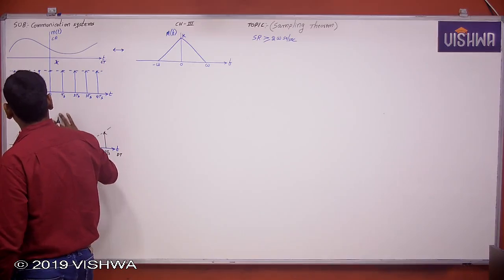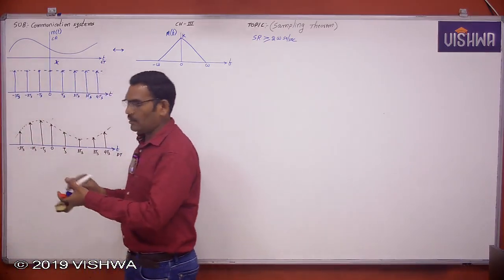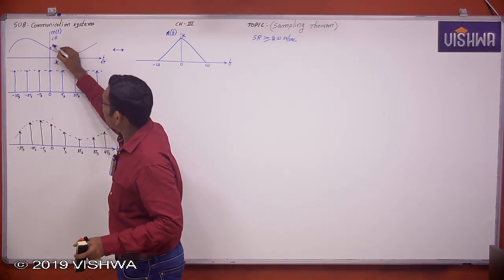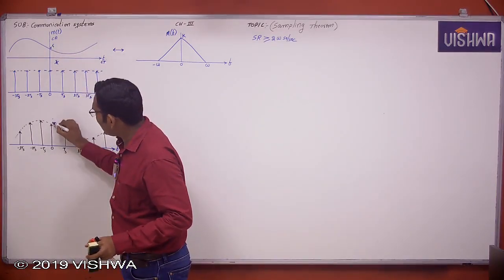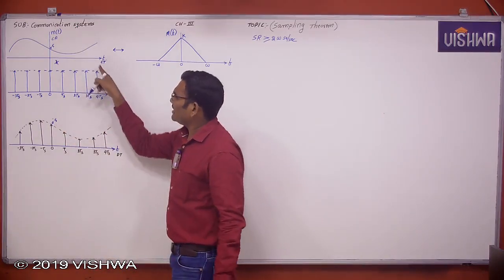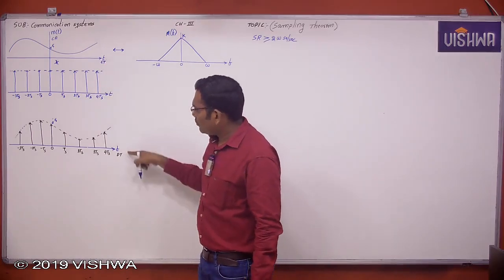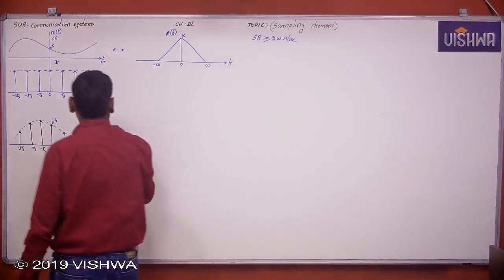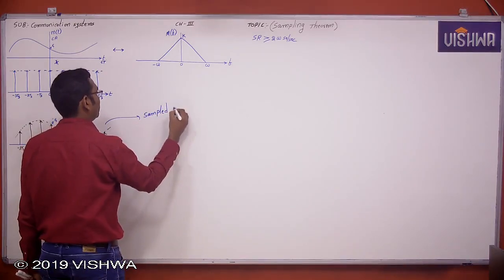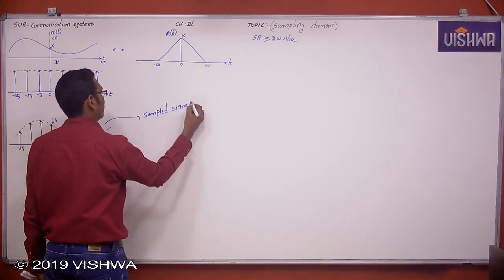Let us take an example. At 0 seconds, the message amplitude is 0.5 volts, and at 0 seconds the sample amplitude is also 0.5 volts. Discretizing in time is called sampling. What is sampling?